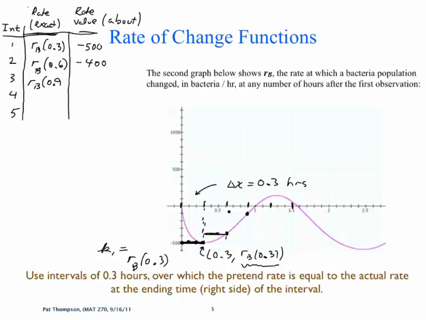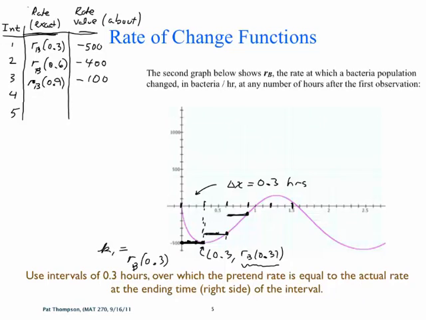So at 0.65, what's our pretend rate going to be at 0.65? R sub b of 0.9. You see? Negative 100? Something like that. We're just getting a number for now.